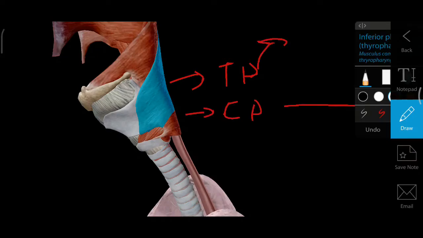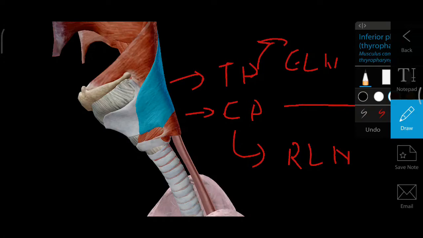The thyropharyngeal part is supplied by the external laryngeal nerve, and the cricopharyngeal part is supplied by the recurrent laryngeal nerve. So guys, you are looking at these two muscles supplied by two different nerves.